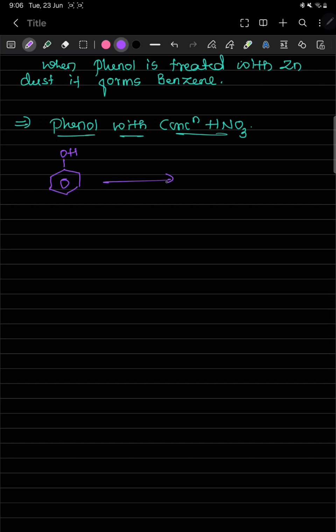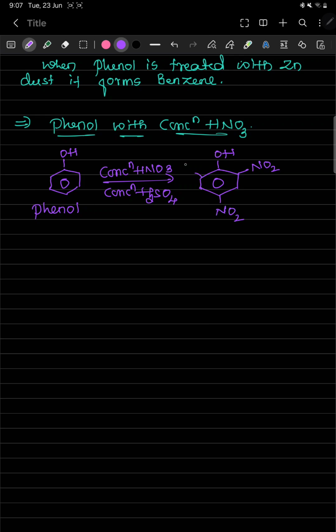We are going to treat it with concentrated HNO3 in the presence of concentrated H2SO4, a nitrating mixture. So what will happen? Since it is a strong reagent, your OH will be as it is here. 3 NO2 groups will come, one at ortho, another at para, another again at ortho position.